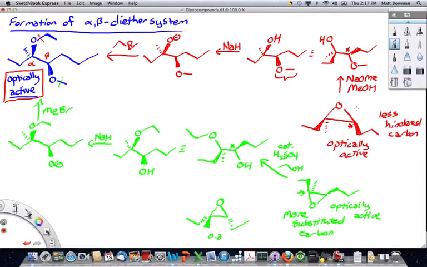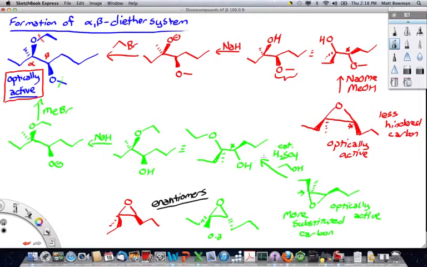And if I move the red one right next to it, in the green one I'm missing a carbon. You see that they are actually enantiomers of each other.